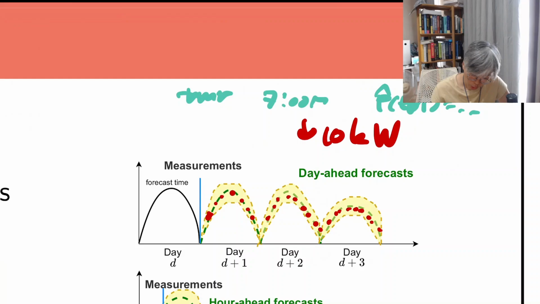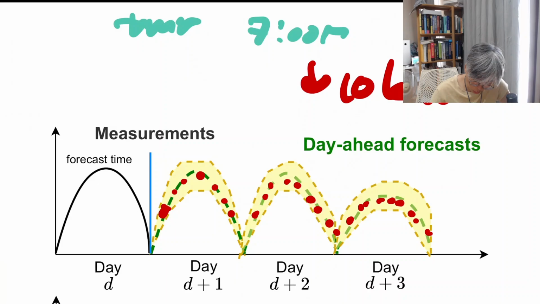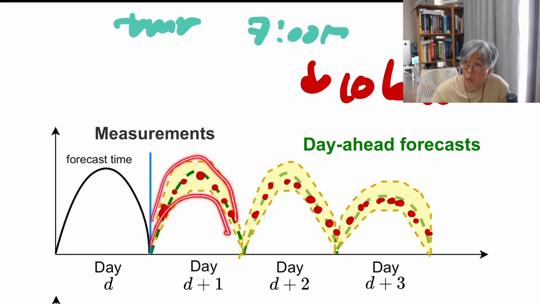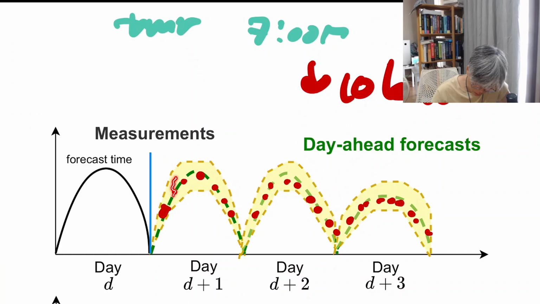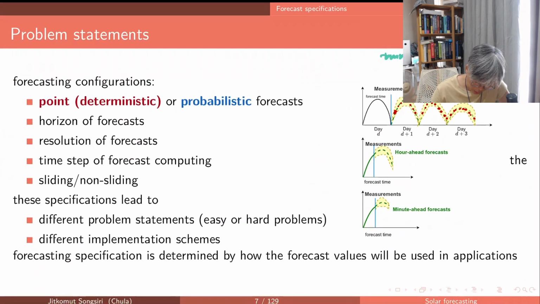One example of a probabilistic forecast is to provide an upper bound and a lower bound, which says that your forecast value could be any value inside this interval. This is what we call a prediction interval, the yellow area.